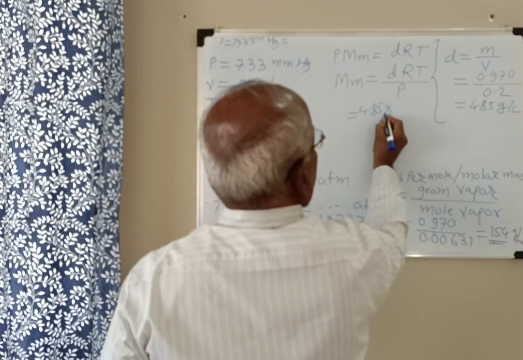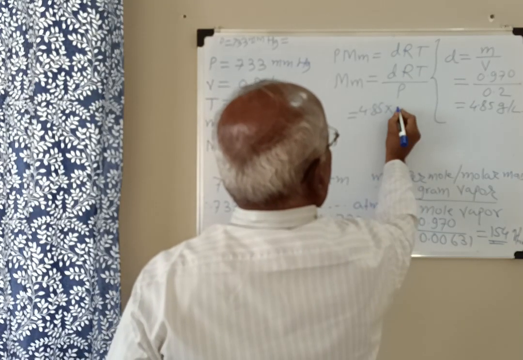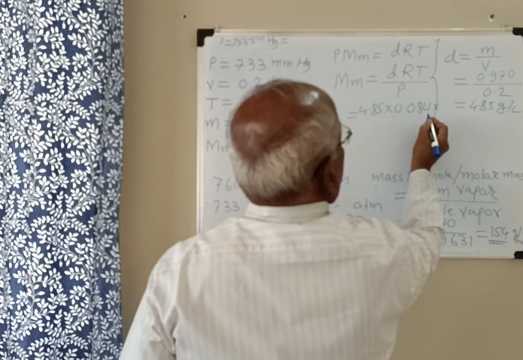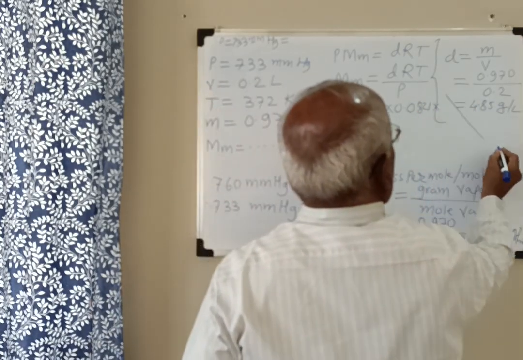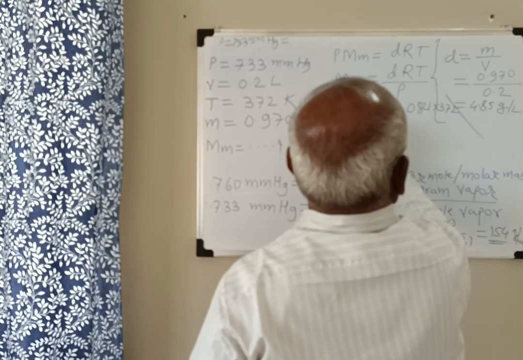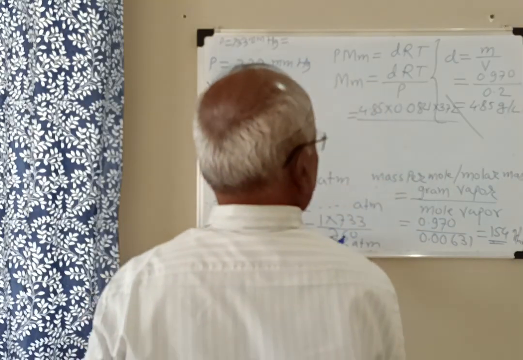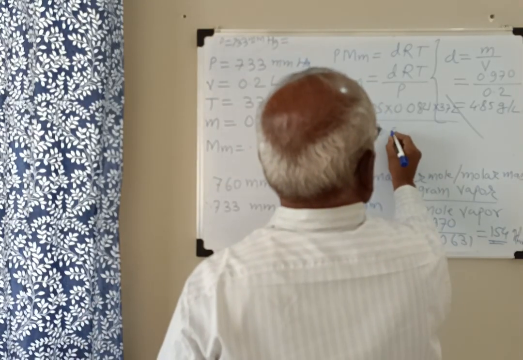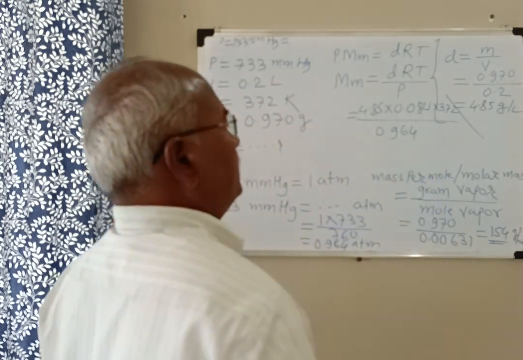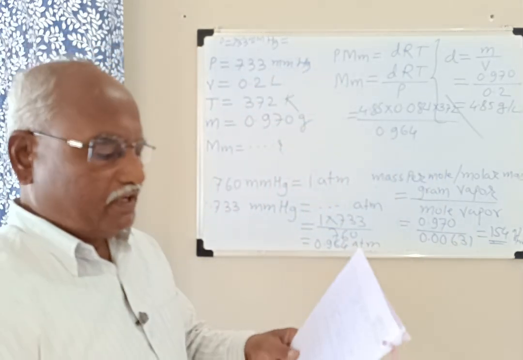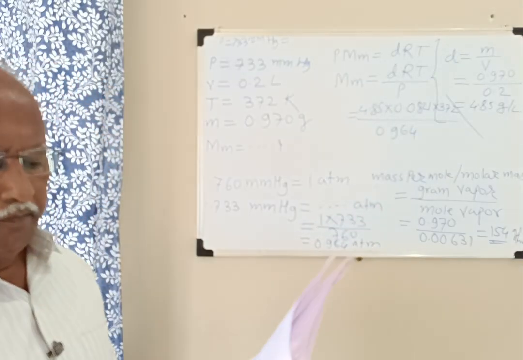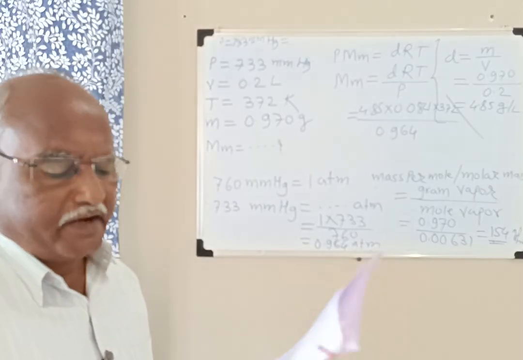So that is equal to 4.85 into gas constant R, 0.0821, into temperature 372, divided by pressure 0.964. Check whether the values written are correct or not. I think they are correct.